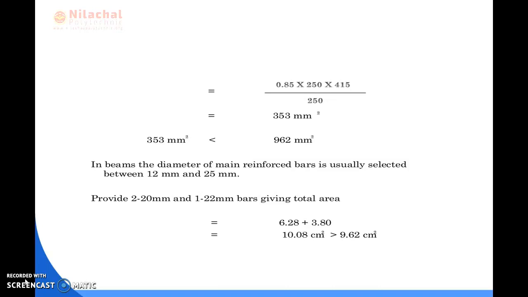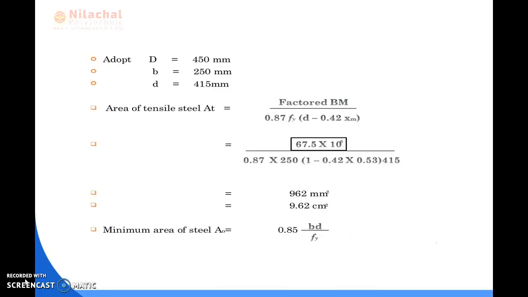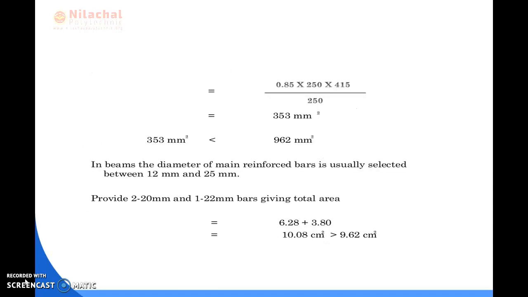So 0.85 into 250 into d by fy, it is equal to 353 mm square, which is less than 962 mm square. So here 962 mm square is the value of Ast, which is the actual area of tensile reinforcement, and 353 is the minimum area of tensile reinforcement.